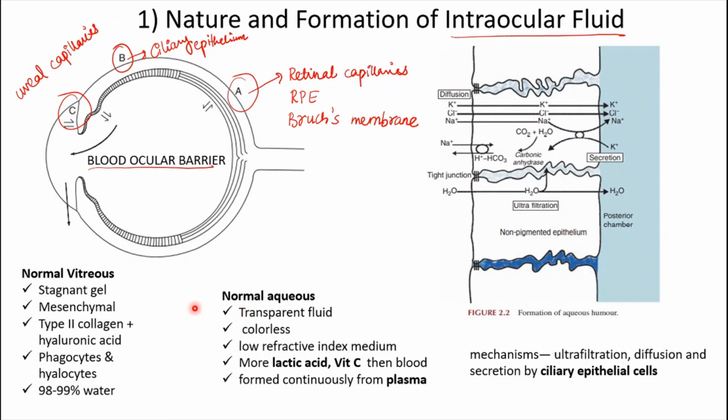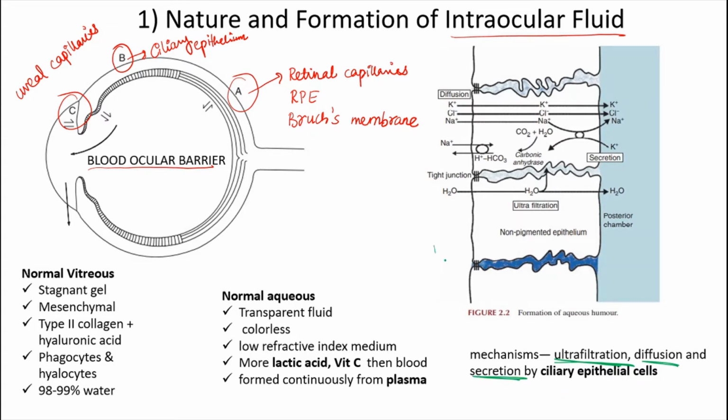Then coming to your normal aqueous. The aqueous is formed by the ciliary epithelial cells. And do you know, your aqueous is nothing but you can say it is formed from the plasma by different mechanisms. Now what are these mechanisms? This is ultrafiltration, diffusion and secretion of plasma through the ciliary epithelial cells.